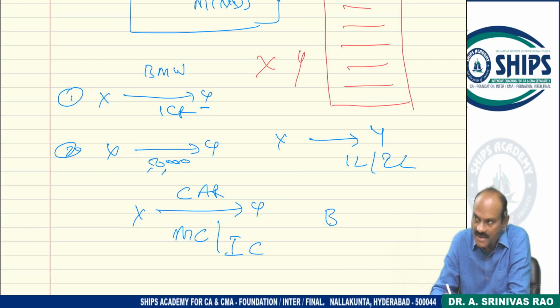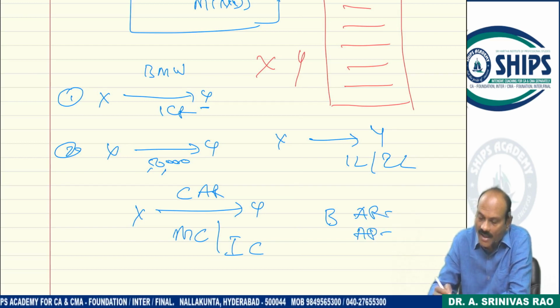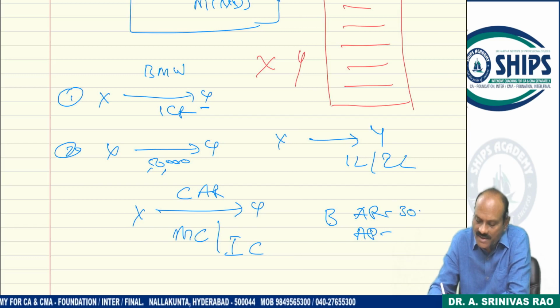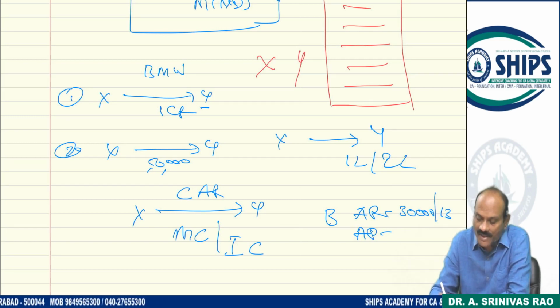Remember your commerce or accounts class somewhere, your faculty said, bills receivable. Nowadays, I think all are account receivable, account payable. Word change. Account receivable rupees 30,000. One student will ask, is this 13 or 30? 13,000 as 30,000, 30,000 as 13,000, and account payable rupees 17,000.